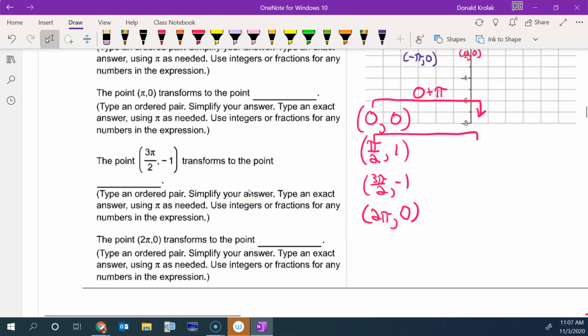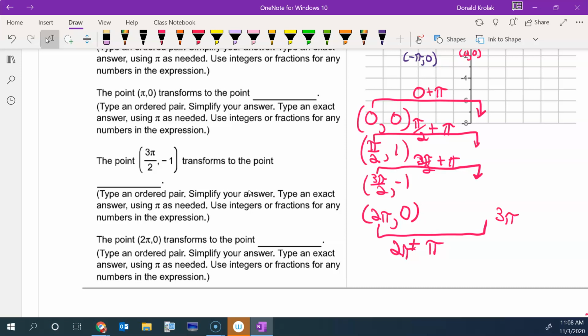That, I'm going to add pi. Take the next one, add pi. Take this one, add pi. Okay, take this one, add pi. So that one would be 3 pi. Okay, how do you add pi to that? 3 pi over 2 plus pi. Common denominator, 2.